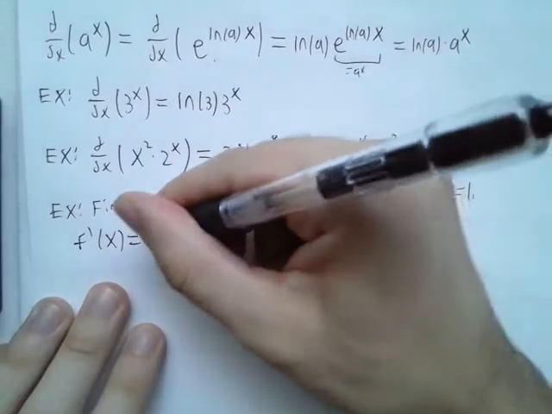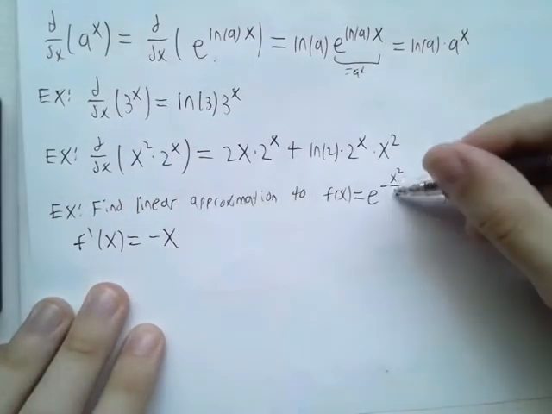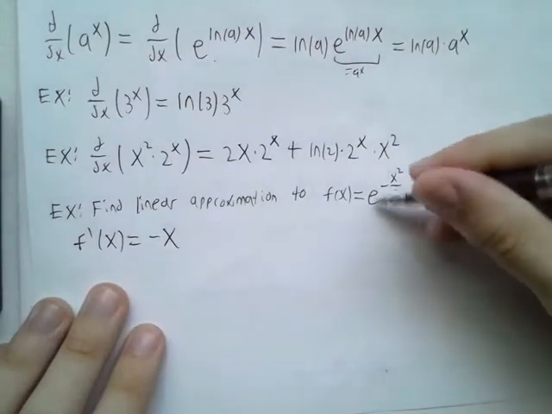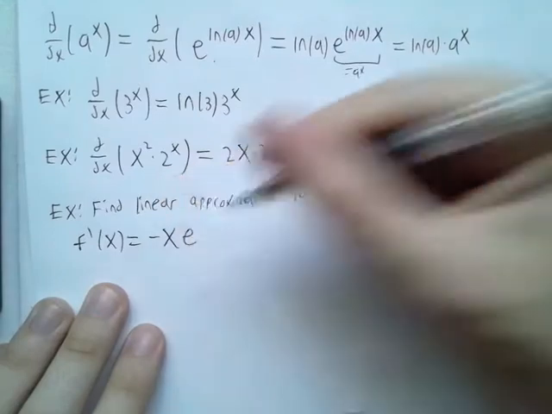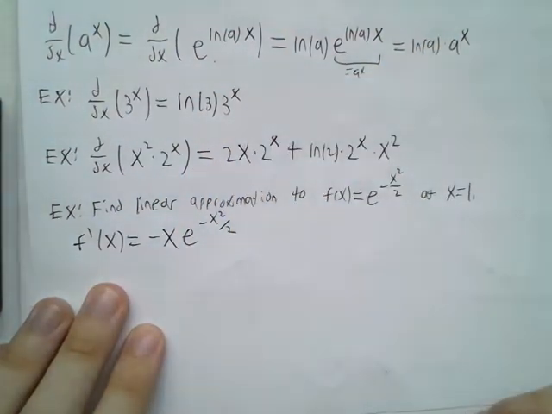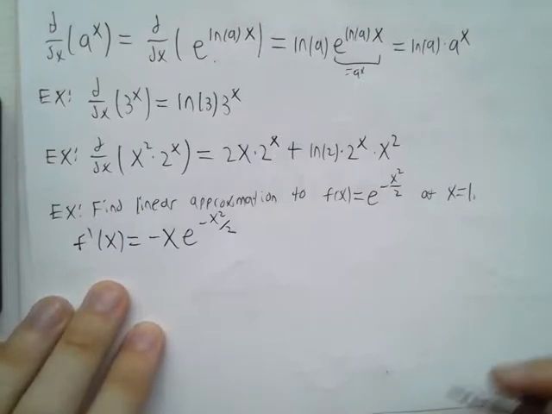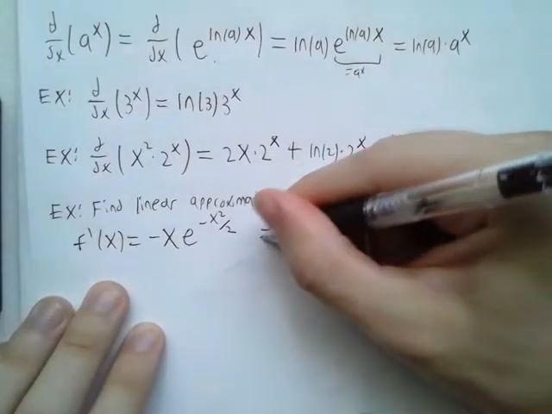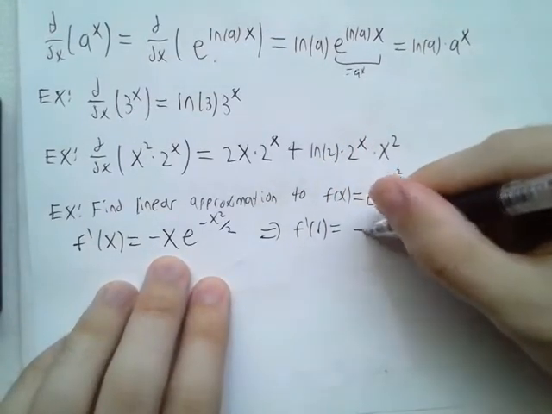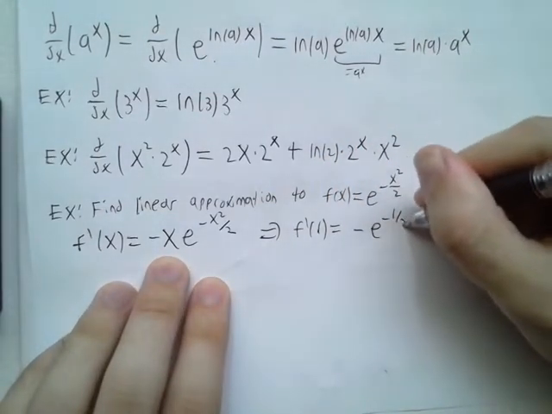Then the derivative of e to the x is e to the x, so we get e to the negative x squared divided by 2. So that's our derivative by the chain rule. And this tells us that f prime of 1 is going to be equal to negative e to the negative 1/2. So that's the slope of our tangent line.